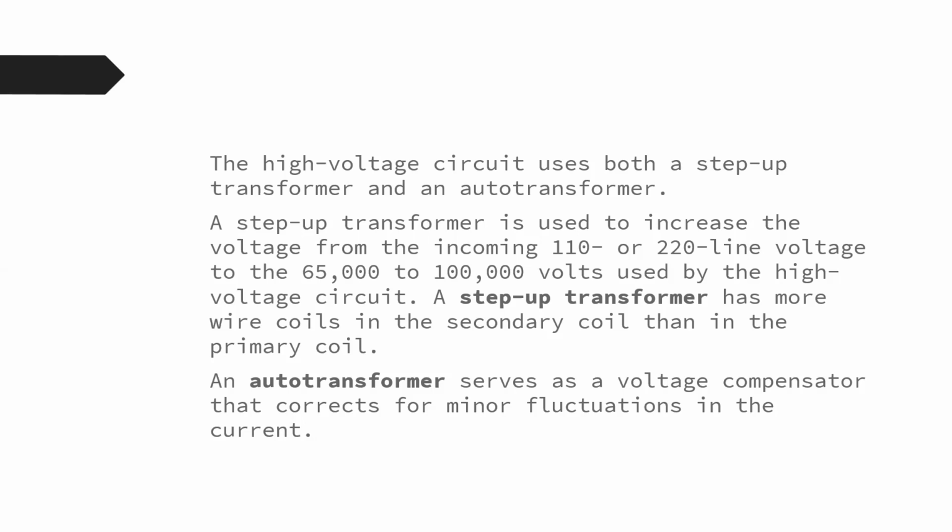In this transformer, there are more wire coils in the secondary coil than in the primary coil. Then we have the auto transformer, which serves as a voltage compensator that corrects for minor fluctuations in the current.